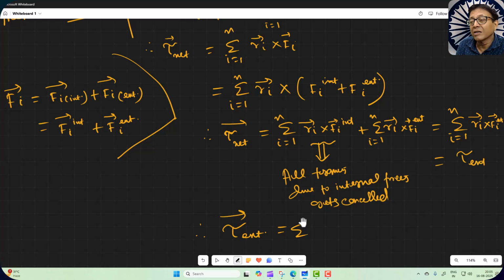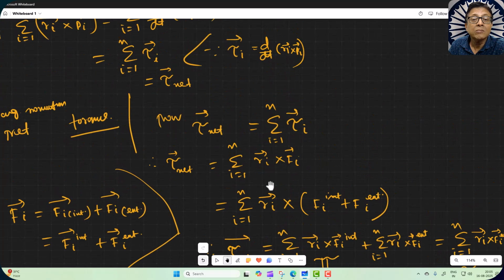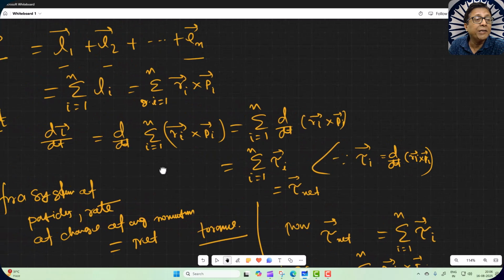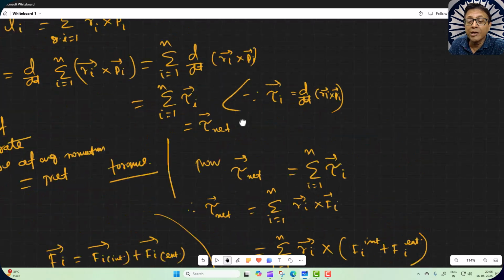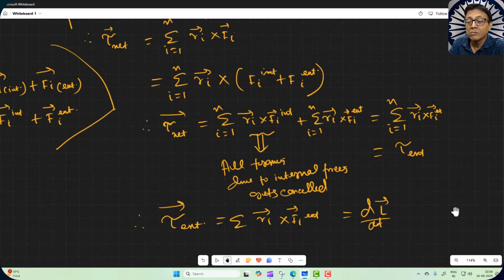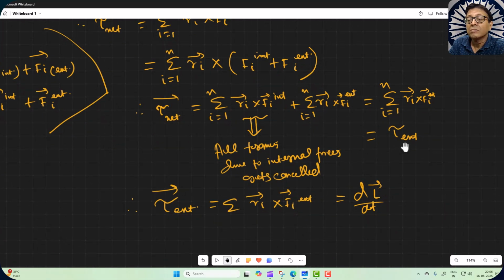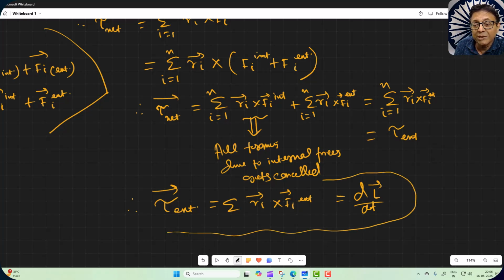So tau external is going to be Ri cross Fi external, and this thing is actually dL by dt. We started from there only. We have calculated dL by dt here. We found dL by dt equals tau net. Now tau net is tau external, so we can write: tau external equal to dL by dt.